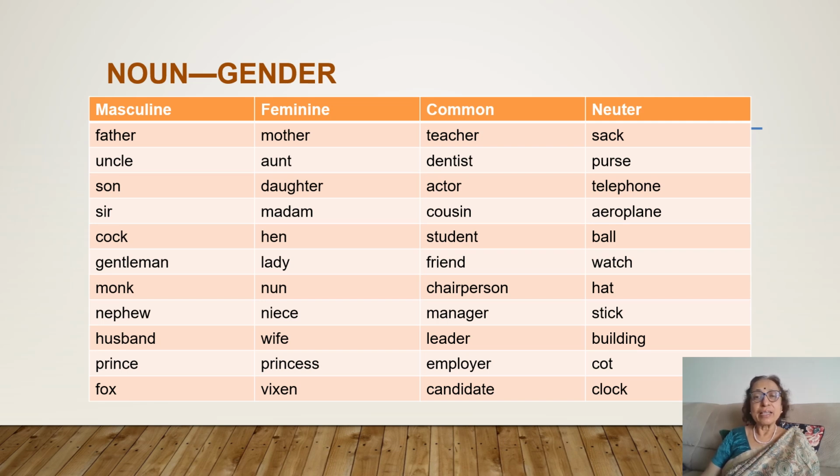Today we are looking at common gender, and then, of course, we are looking at inanimate things which are what we call neuter gender. Many languages have gender for these also. If you are aware of Hindi, for instance, or many of the, I'm told that French, I don't know French, but French also has genders for other than human and animal, other than animate objects.